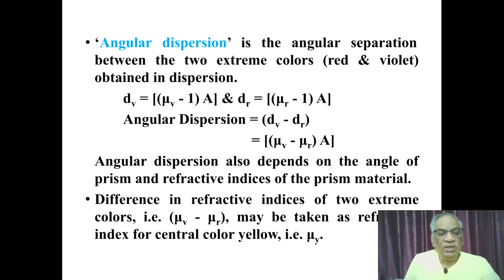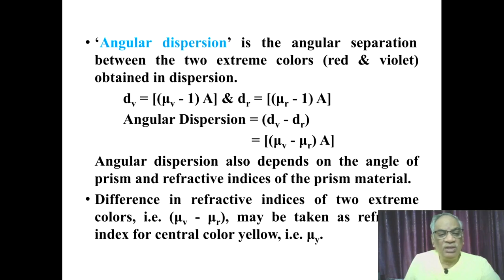Now, angular dispersion is the angular separation between the two extreme colors, the top being red, the bottom being violet. The difference in the angles of deviation between these two colors is known as the angular dispersion. The angle of deviation for violet color, dV, is given by (mu v minus 1) into A, while for red color dr is equal to (mu r minus 1) into A, from the formula we just noticed.